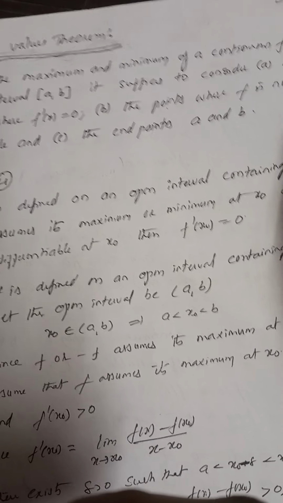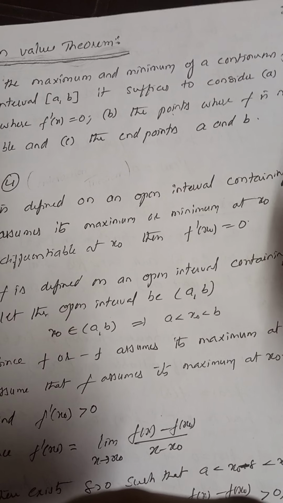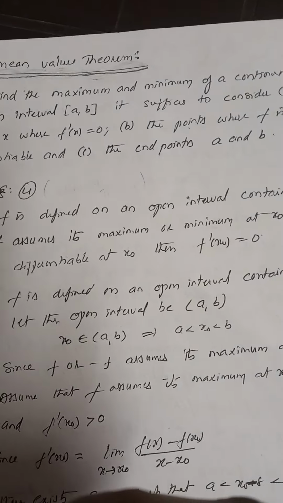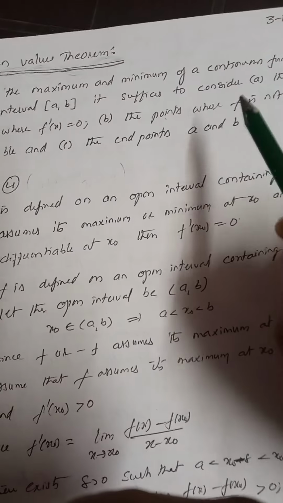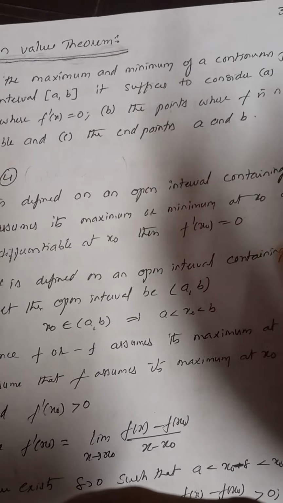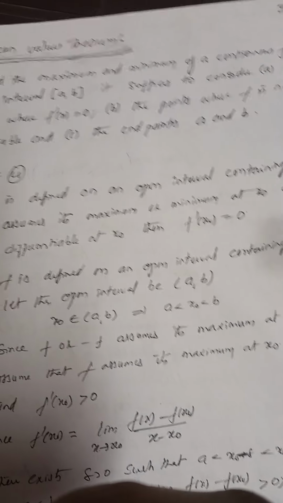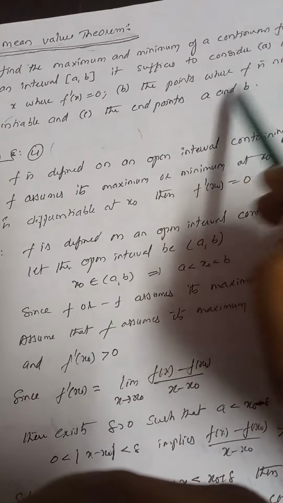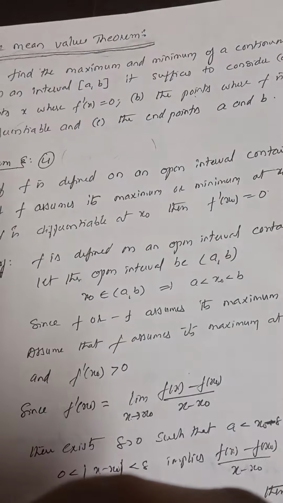We have to search for the values of x in between a and b such that f'(x) is equal to 0, and the points where f is not differentiable, and the end points a and b. That means we have to find f(a) and f(b) because a and b are the end points of the given interval.